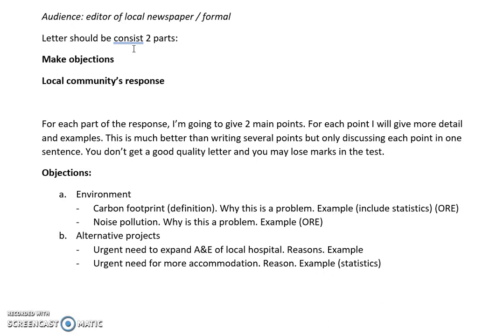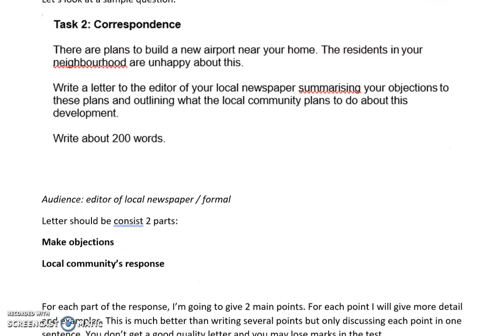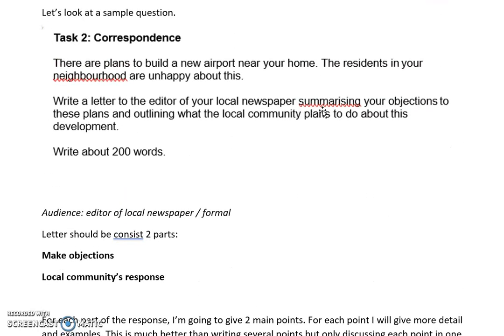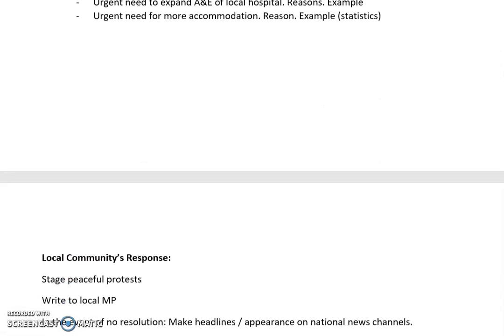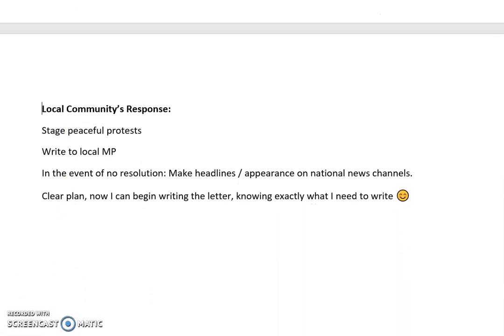Now, initially I said that I'm going to write objections, but if you remember the question itself, it said summarize your objections and outline what the local community plans to do. So there are two parts to this letter. I've given my objections, so what's the community going to do? How is the local community going to respond or react to this event or the creation of this airport?